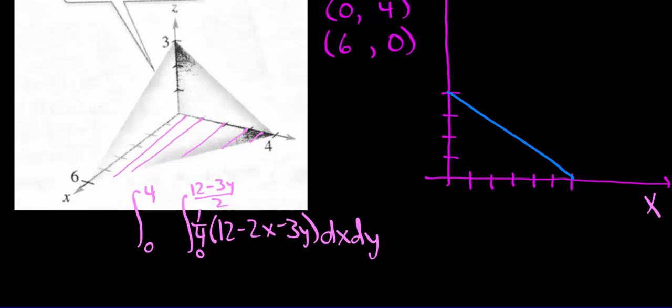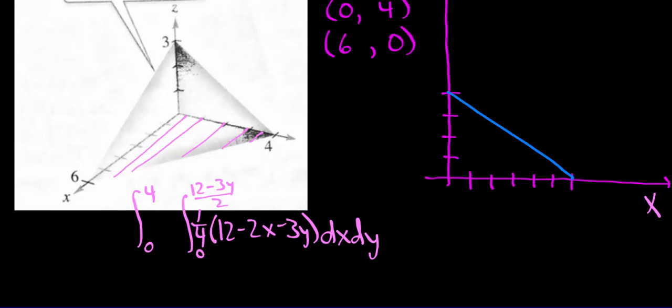Now notice the y's are fixed. They go from 0 to 4, and then x goes from 0 to 6. But really, x is going from 0 to that line. So lock this in your mind. If you had a rectangular region down here, both of these would just go to numbers, 0 to 5 or 0 to 4, whatever.